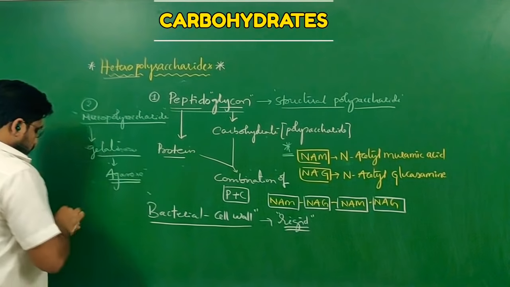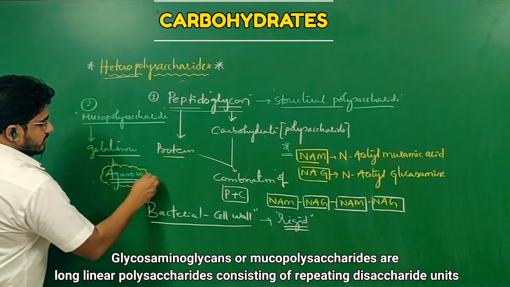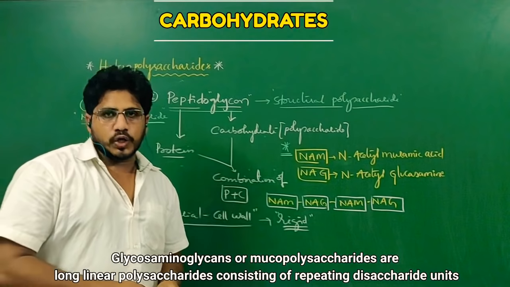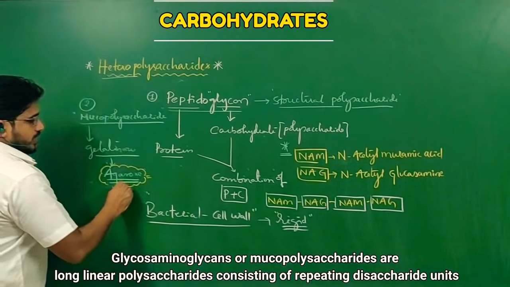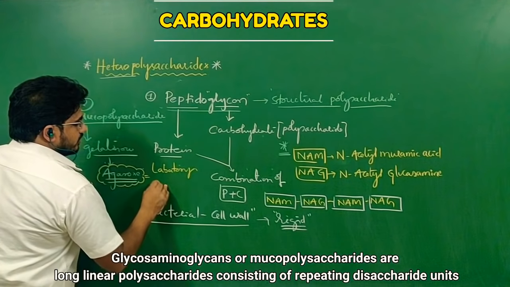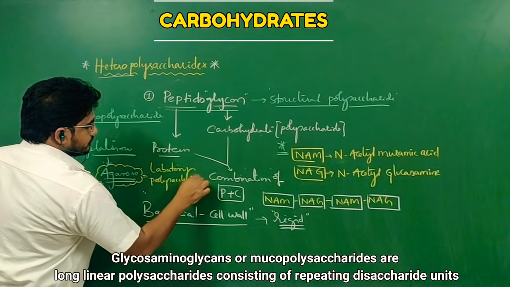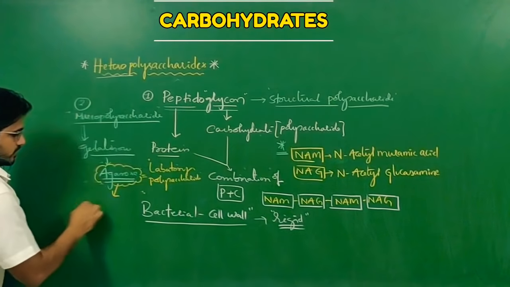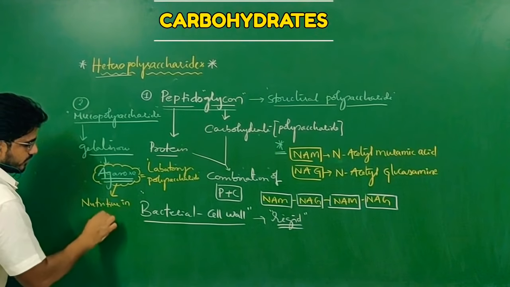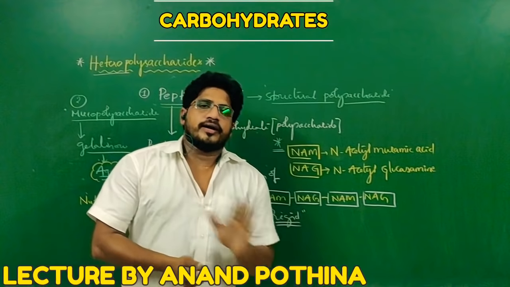It is a very good medium. In laboratories it will be used to culture the bacteria. It is a nutritive medium in which bacteria and other microorganisms can be grown. That is why agarose is a laboratory polysaccharide. It is nutritive in nature. By this concept, I can say carbohydrates has been finished.